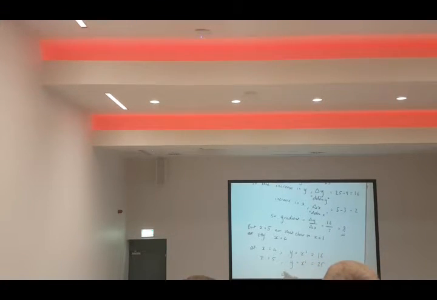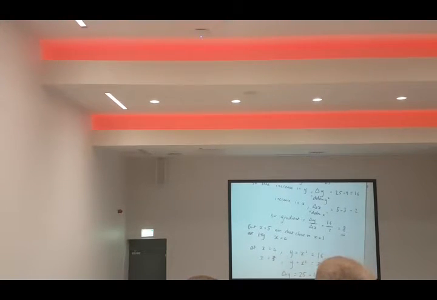So delta y, the change in y, is 25 minus 16, which is 9. Delta x, oh, I made a mistake there. Sorry, that should be 3. Let's try that again. We were supposed to be doing 4 and 3 rather than 5 and 3. I apologise, so that should be 9.